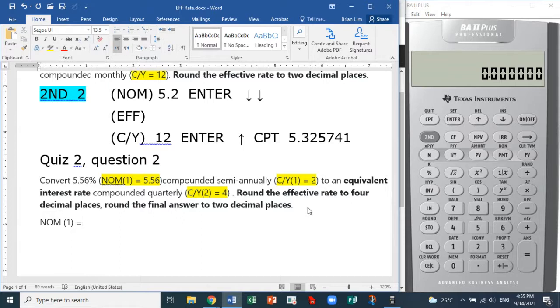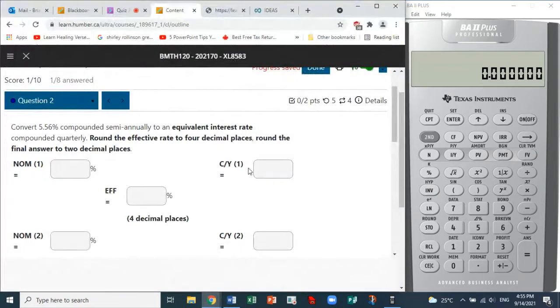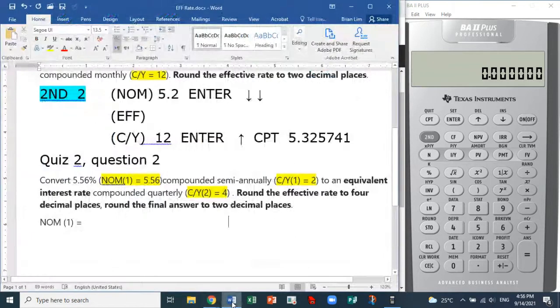Then we have a CY1, and effective, a nominal 2, and CY2. You will see why these things exist the way they are. So this would be the CY1. Now in the middle somewhere, maybe let's go in here.